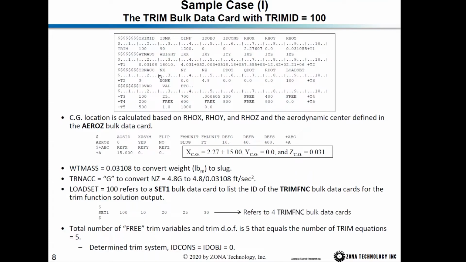And after that, we put nx equal to none, then ny equals 0, and nz 4.8, p dot, q dot, r dot are zeros. And so we have 5 trim equations. Then we have 100 which is aileron 25 degrees, 700 which is Q rate, and the 300, 400, 200, and the 600 and 800 are all free.